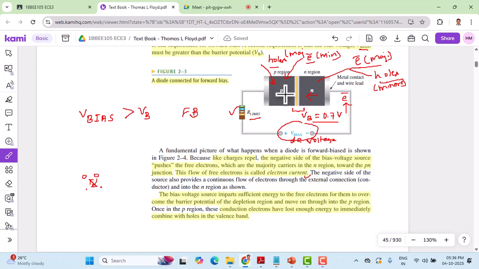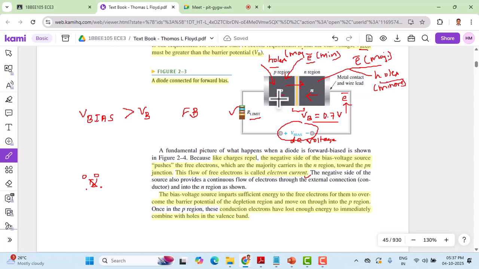Here, the holes are repelled and move in the opposite way, but electrons move towards the positive terminal of a battery. In a simple way, electrons get repelled by the battery and keep moving towards the junction, and in turn are attracted to the positive terminal of the battery. This causes electron movement from the N side to the P side.